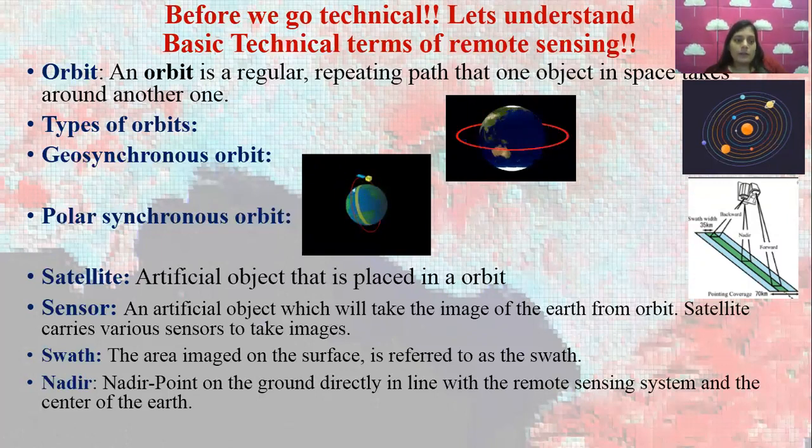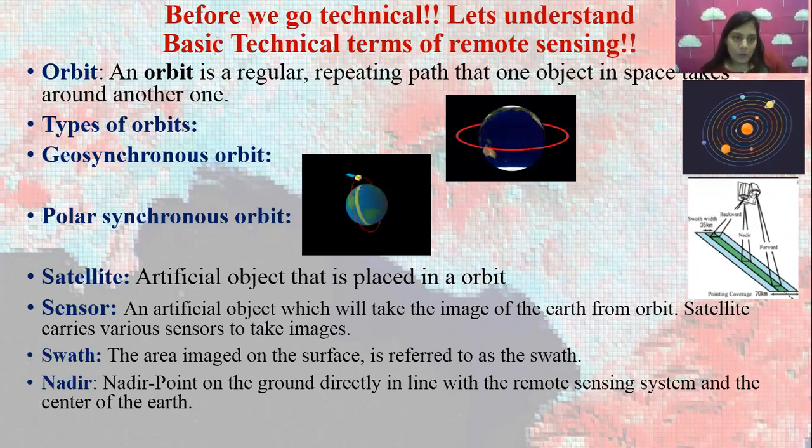Now next we will discuss types of orbit. Which are the types of orbit? There are two types: geosynchronous orbit and polar synchronous orbit. Yes, students, these two types are very important, because further on we will discuss only these, how a satellite is made and for which purpose satellites are made in geosynchronous and polar synchronous orbits. First of all, we will discuss geosynchronous orbit.